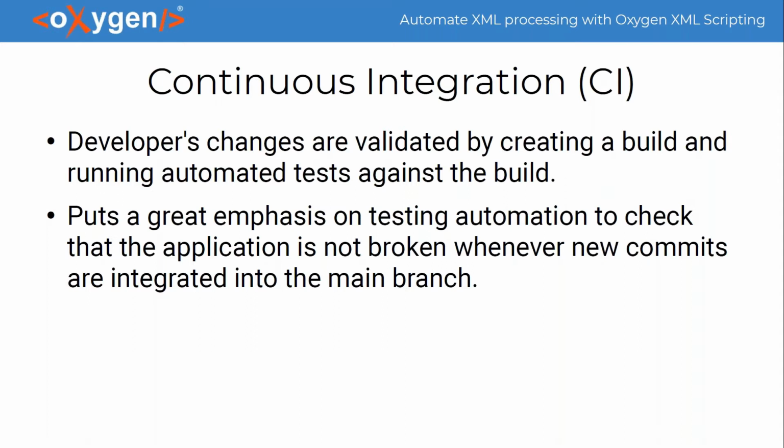It puts a great emphasis on test automation, to check that the application is not broken whenever new commits are integrated into the main branch. So you avoid that integration hell when all the developers commit changes and you don't know exactly which one broke the build, and maybe you have to deliver in a couple of days.